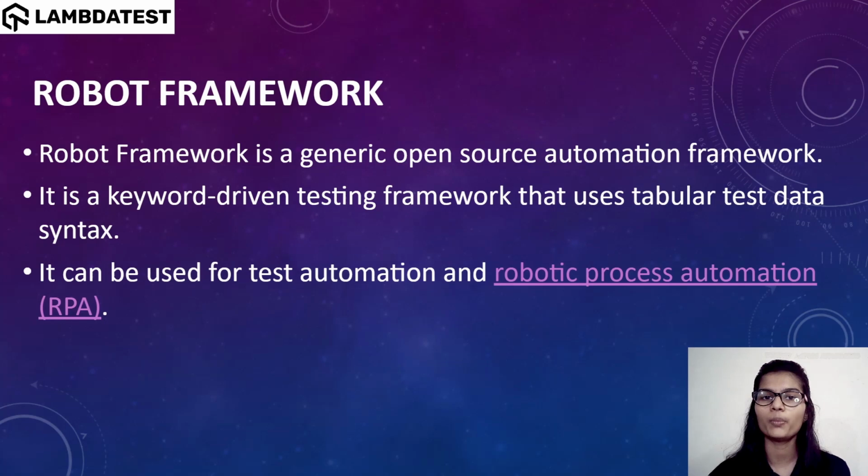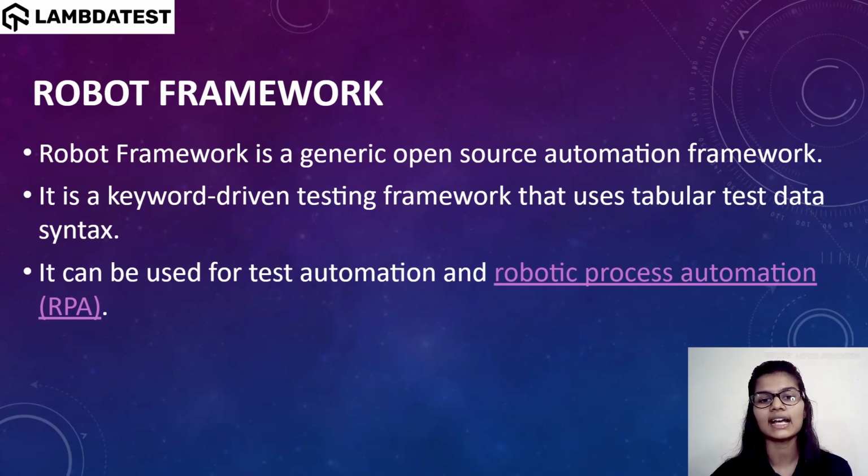It is one of the open source automation frameworks. It is a keyword-driven testing framework which uses a tabular test data syntax. So the type of syntax we use here is tabular test data syntax. We also use it for test automation and robotic process automation. Test automation, you already know, is where we try to automate whatever tests we want to perform.